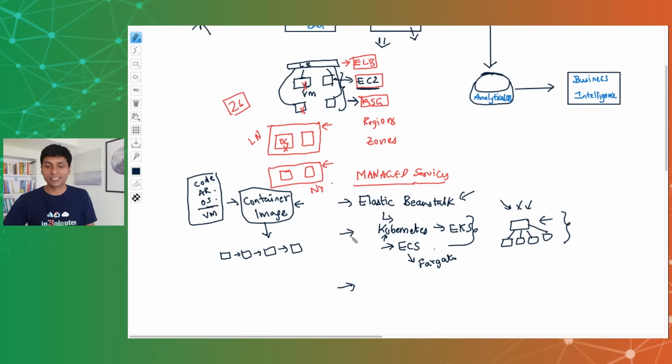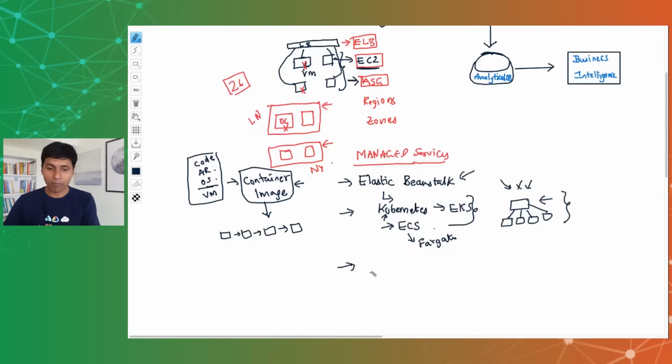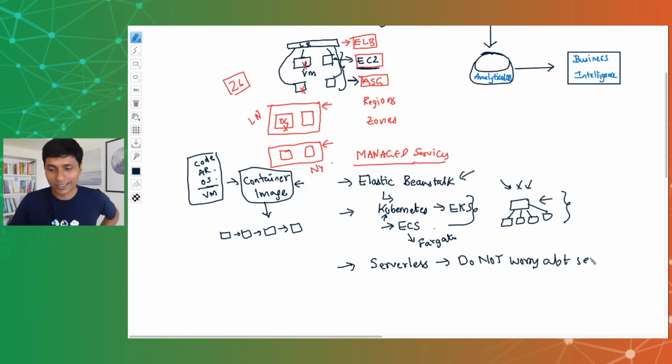In the last couple of decades, there is one more approach which is becoming popular. Whenever we talk about applications, we talk about how to deploy them, how to create the cluster, how to create a load balancer, how to create multiple instances, how to install applications on the server, how to install a runtime, how to deploy the application there, and all those kinds of things. What if you don't need to worry about servers?